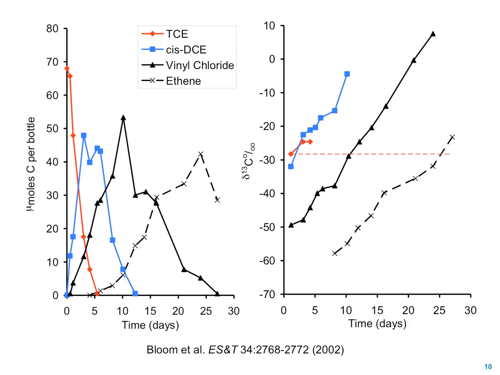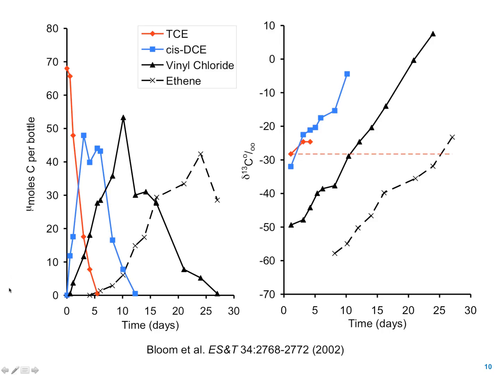Now let's see how this delta 13C per mil changes during anaerobic biodegradation of chlorinated solvents from TCE to cis-DCE to vinyl chloride to ethene. On the left side, what you have is the concentration of these particular compounds over time in a microcosm study. TCE disappears to be replaced with cis, cis disappears to be replaced with vinyl chloride, which disappears to be replaced with ethene.